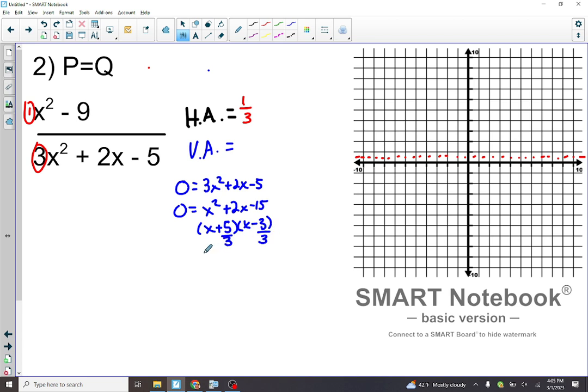Divided by 3: 3x plus 5, x minus 1. So x equals negative 5 over 3 and 1. So I have a vertical asymptote at negative 5 over 3.